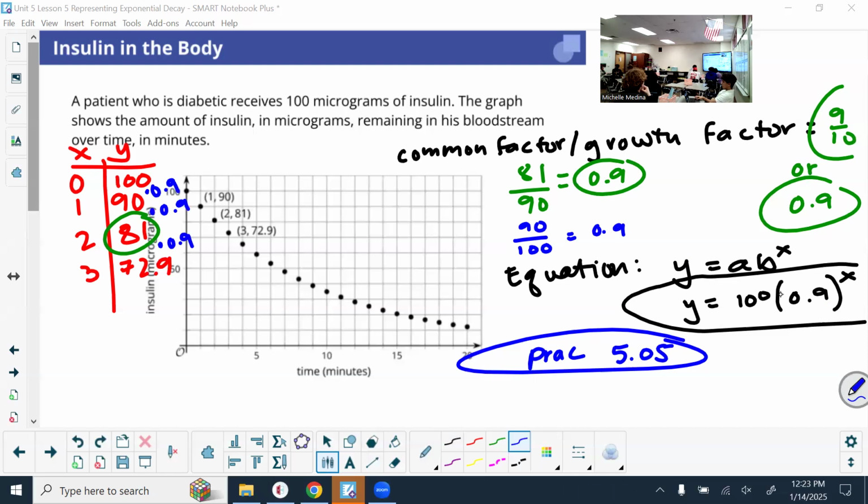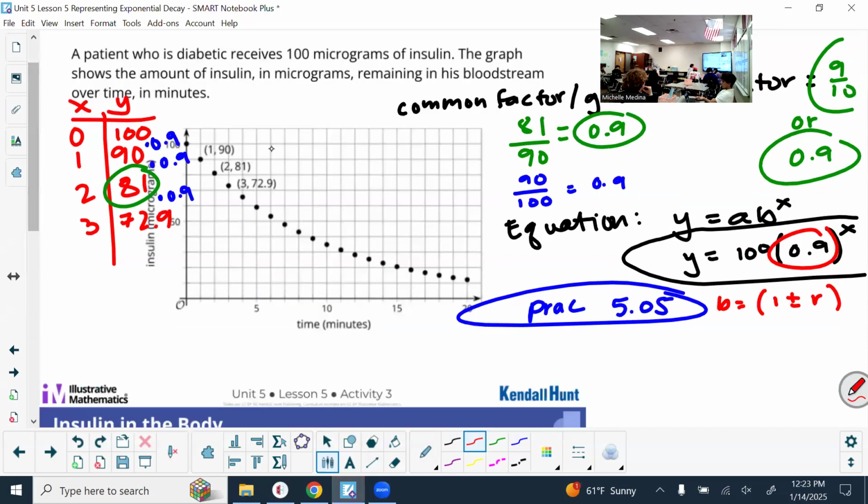Remember this B is always, even if it doesn't look like it, 1 plus or minus R. It's decaying as we go, so we're going to look at the 1 minus R. If it equals 0.9, what does R have to be? 0.1.